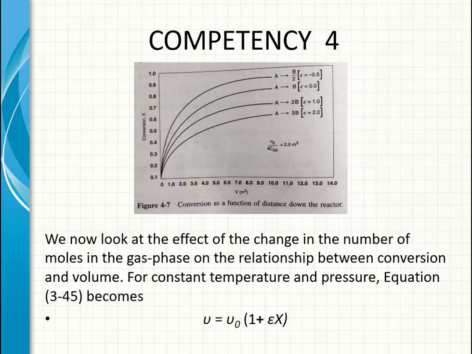And here we see that for a reactor of volume, let's say any value of the volume, let's say 8, for a reaction in which A goes to 3B, for this volume we will have a conversion lower than if the reaction goes A to 2B, or if it goes from A to B, or if it goes from A to B divided by 2.